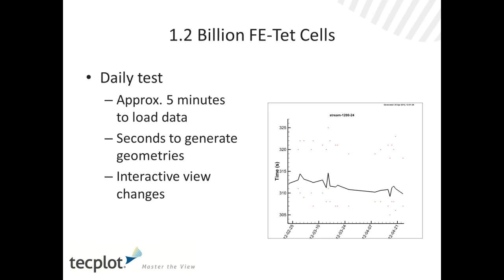It doesn't need 96 gigabytes to do this. We can do the 1.2 billion cells probably with 64 gigabytes, but if you're at 48, it's going to be swapping a lot. So it does at this point require a fair amount of memory, but you can do it. It performs quite well once you have the data in.